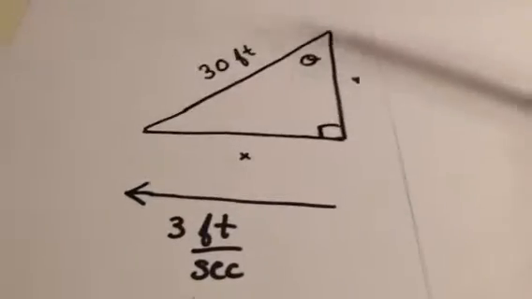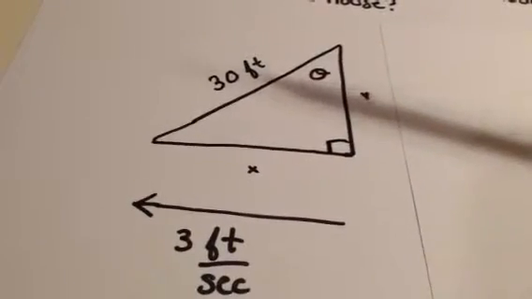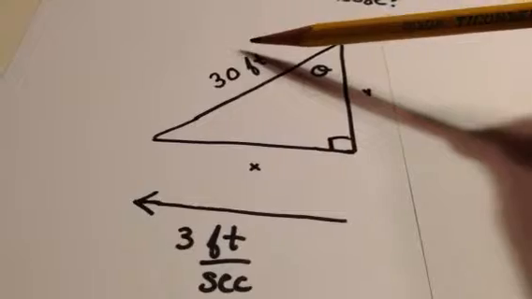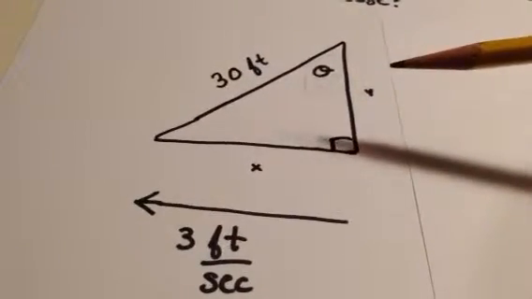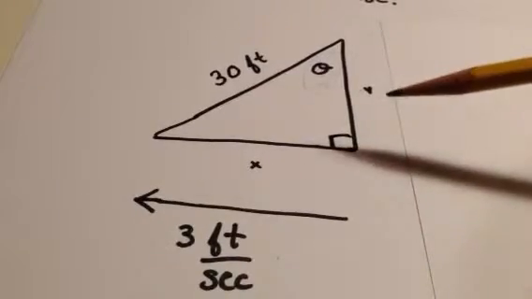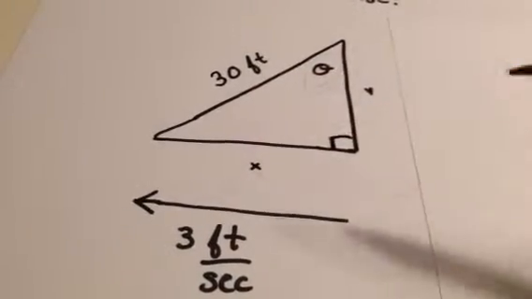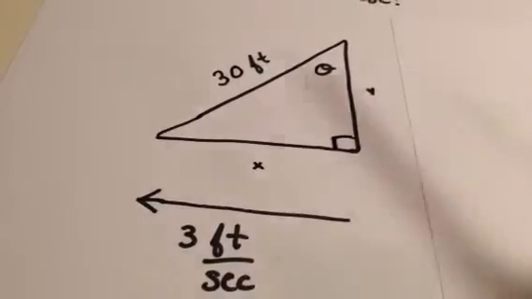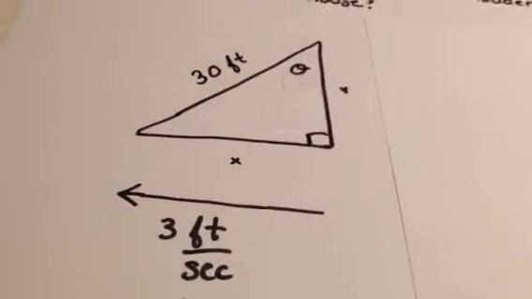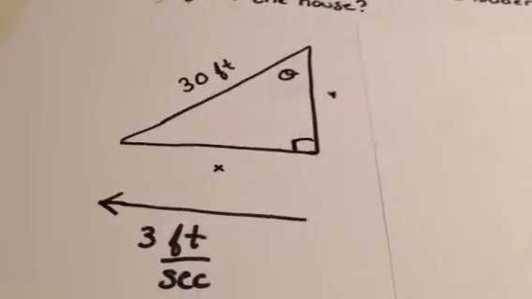Now, even though we have two values for this triangle, we could find the third side, but since it's constantly changing, that is only one triangle out of many. So we're not going to do that. Not yet.